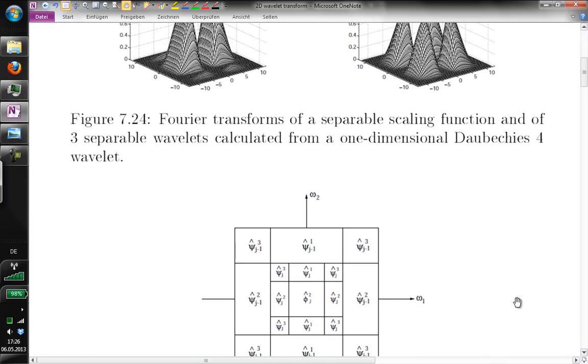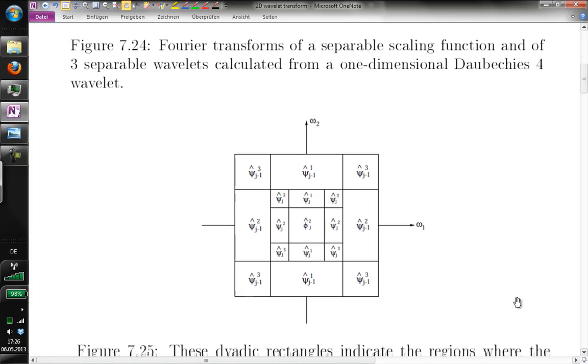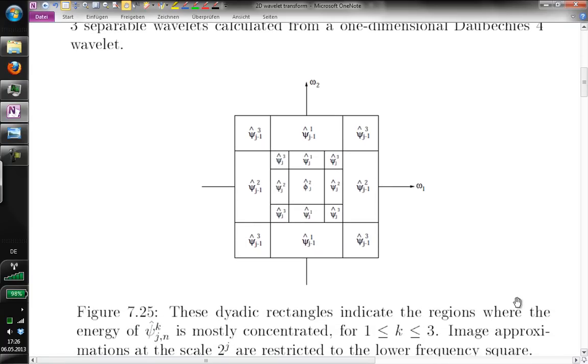The reason for this particular shape is that it is desirable to use separable transforms, which I will try and explain in this image. So let's say I'm starting with the complete image, and I'm using first my high-pass filter in horizontal direction.